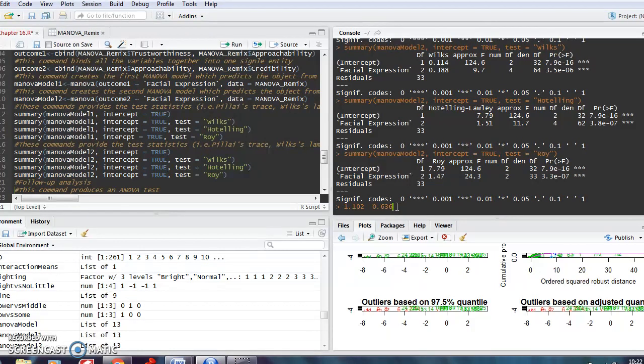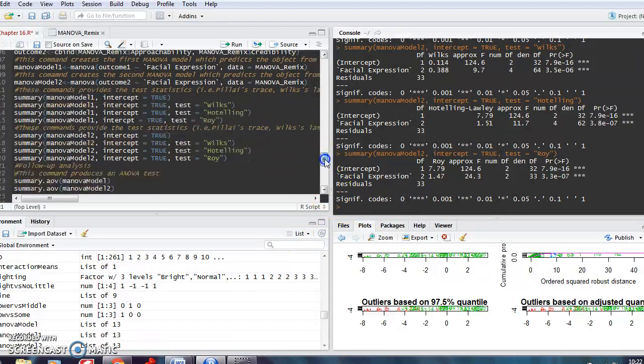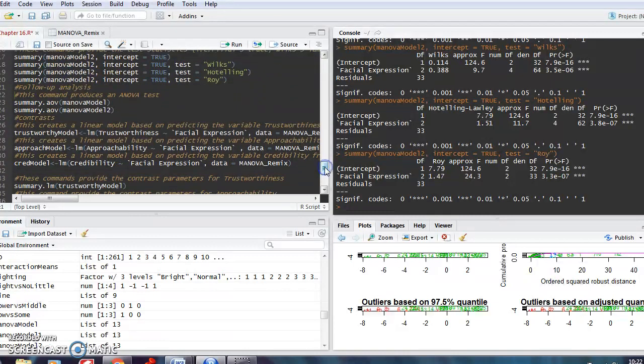So essentially what you see here is a higher Pillai's trace value for our trustworthiness and approachability than for approachability and credibility. So just taking into account those correlations can really help you, because now I'm a believer. Great. So that's nice.